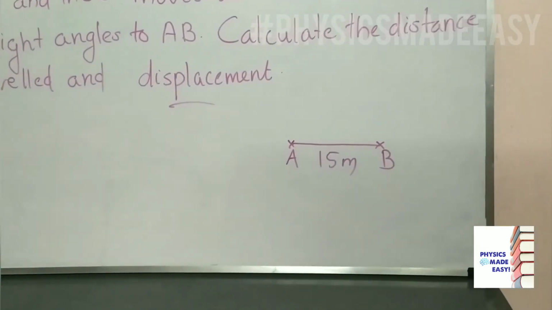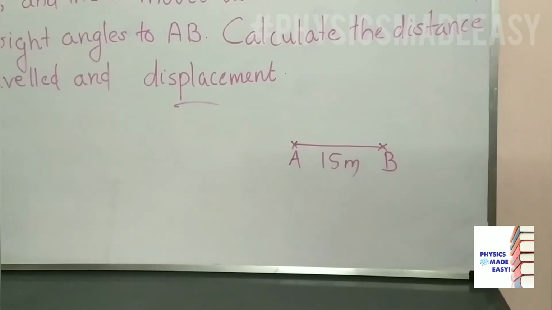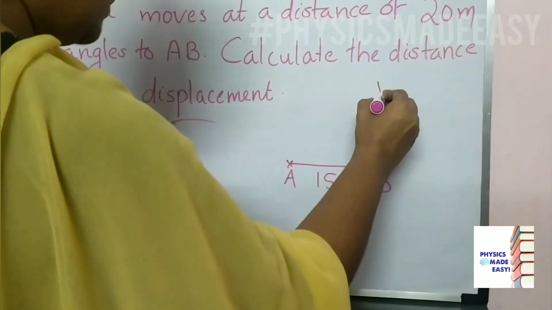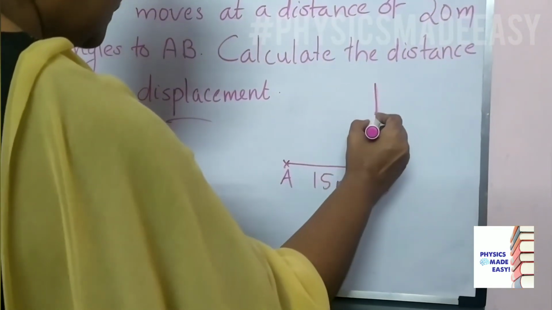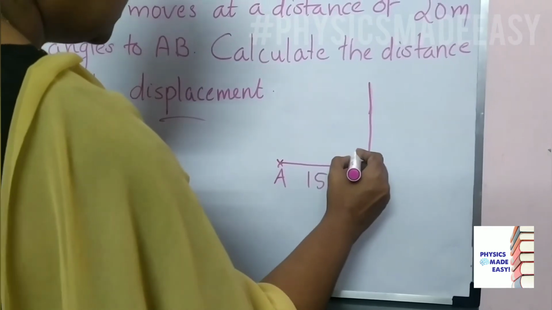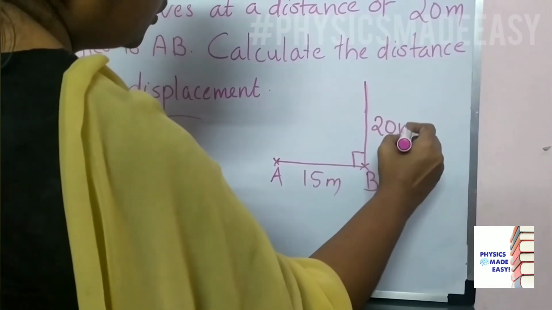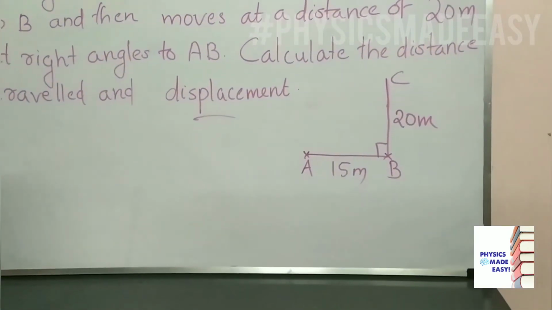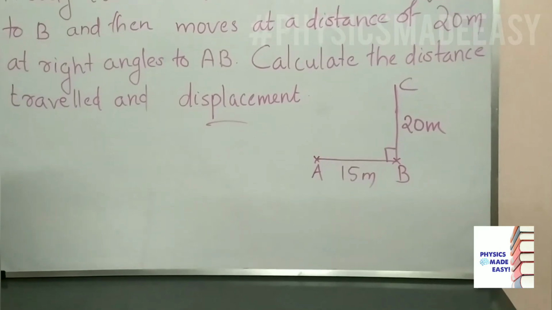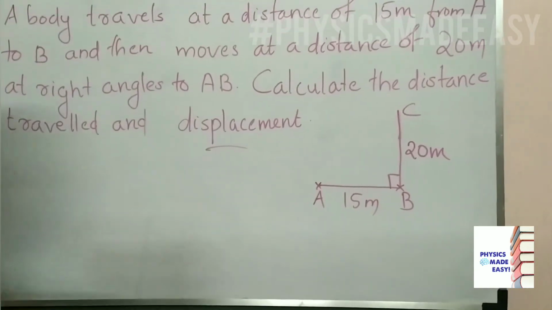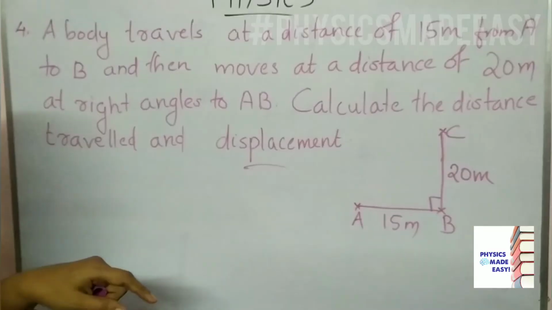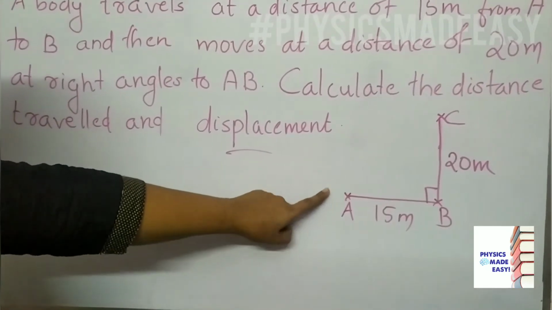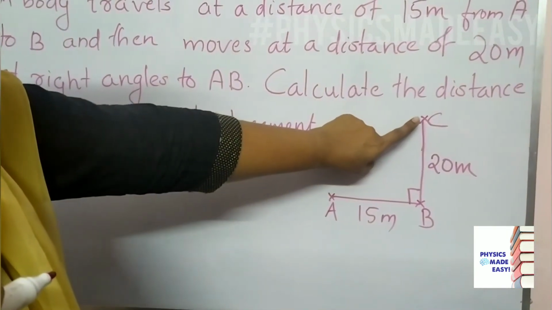Then it moves a distance of 20 meters at right angles to AB, like this, making 90 degrees. How much distance? 20 meters. Then that is at C. Now you can give a name to that point. Here A is the starting position, the initial position, and C is the final position of that body.